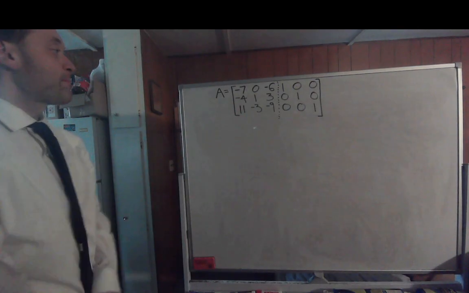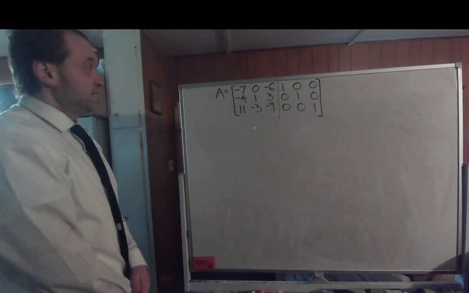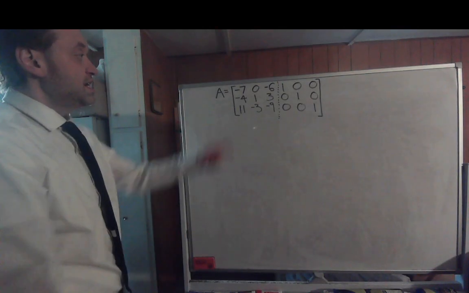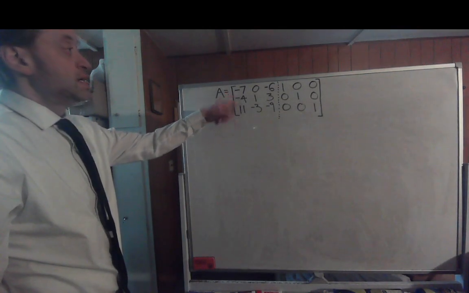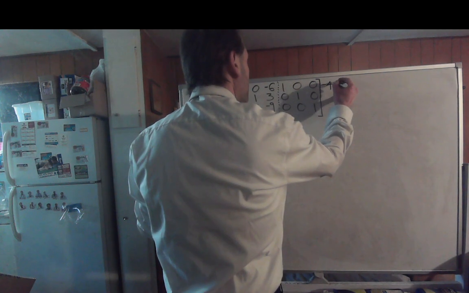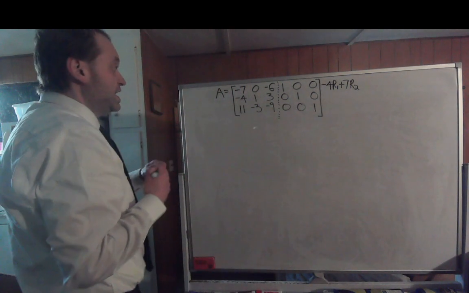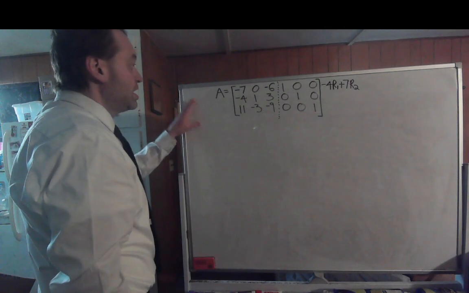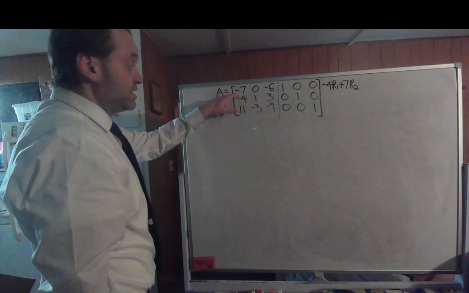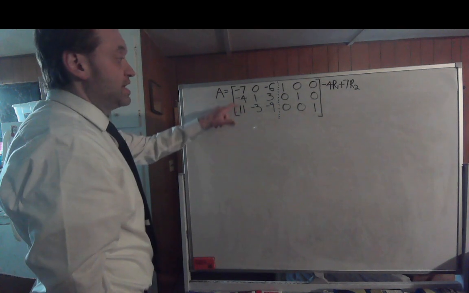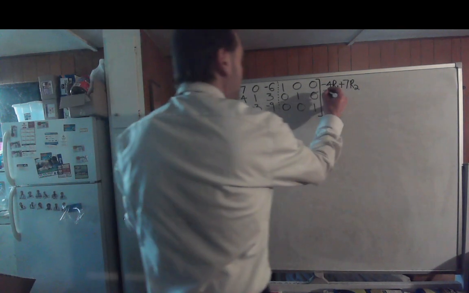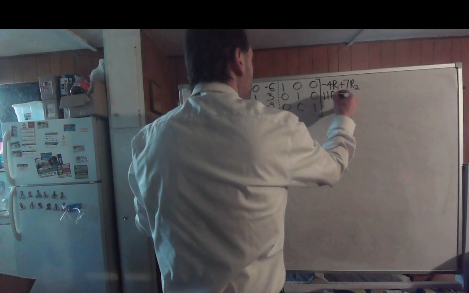Well, to deal with the second row, if I take -4 times row 1 and add that to 7 times row 2, I can make it happen there. Then, if I take 11 times row 1 and add that to 7 times row 3, I can make it happen there.